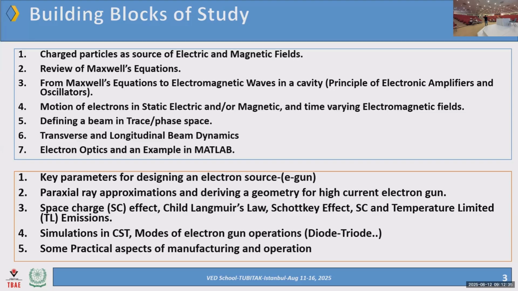Okay, from a mathematical point of view, we use paraxial ray approximations. There are papers in the early 1940s by Pierce and Dome from MIT, I guess. They devised Pierce guns. Maybe you're familiar with it. And the geometry of this gun has some shortcomings.